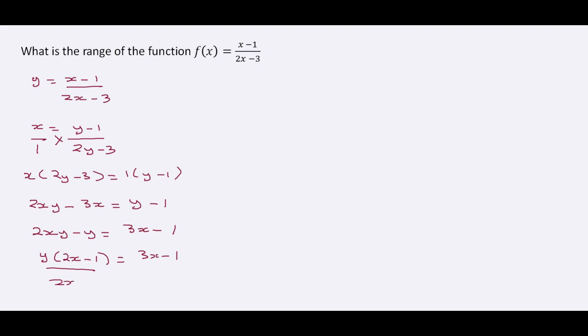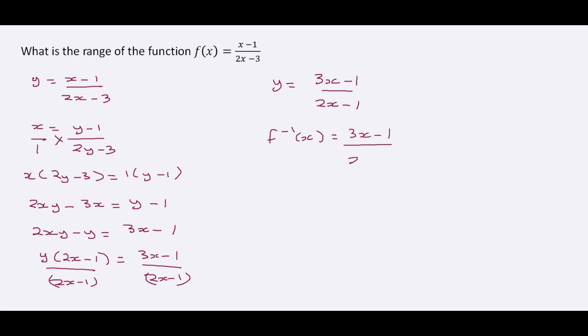Divide both sides by 2x minus 1. So we have y equal to 3x minus 1 over 2x minus 1. So therefore f inverse of x equal to 3x minus 1 over 2x minus 1.